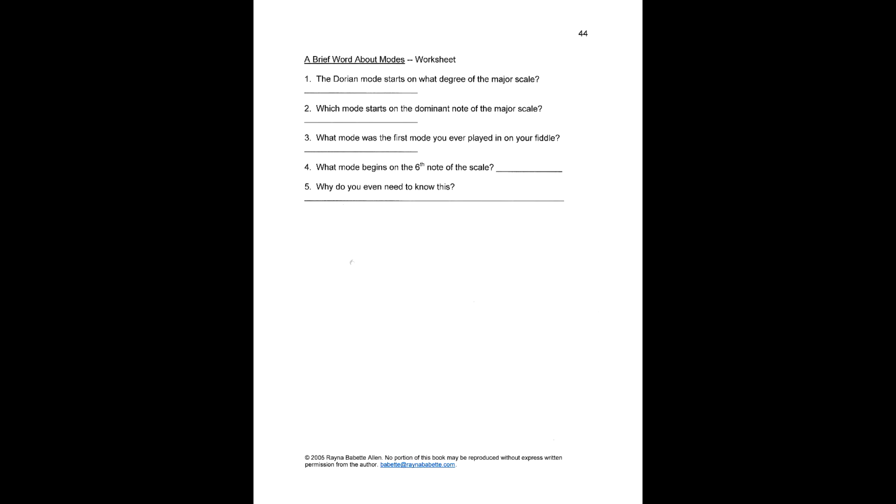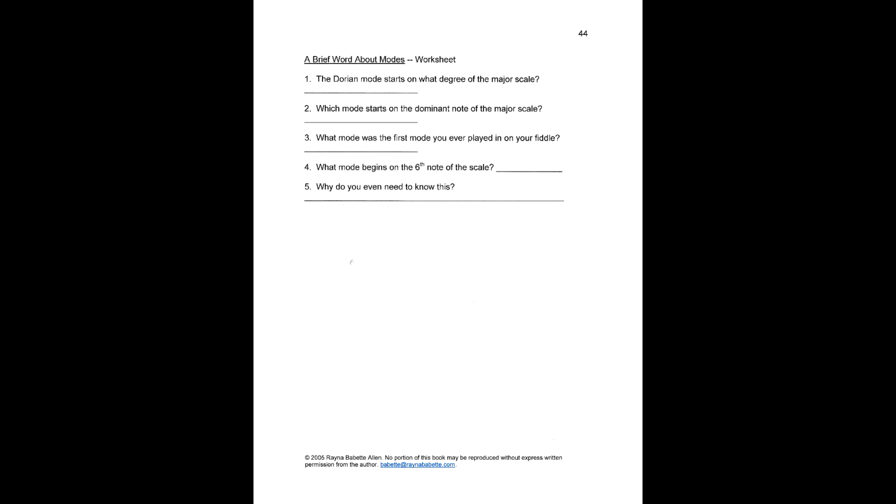Question 1. The Dorian mode starts on what degree of the major scale? The Dorian mode starts on the second degree. Question 2. Which mode starts on the dominant note of the major scale?